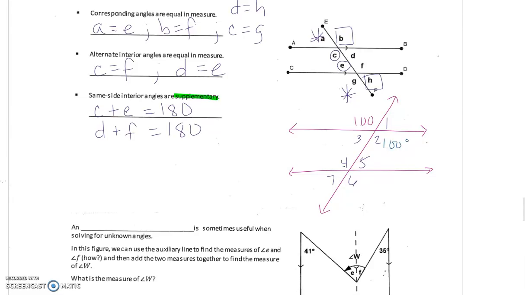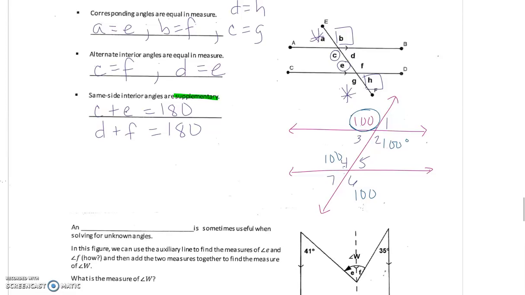Or the 100 that you were given and angle 4 are a corresponding pair, they're equal. So that's 100. And angle 6. Angle 6 is alternate exterior with the 100 you were given. So they're equal. Or you could say it's vertical to 4, or it's corresponding to angle 2.